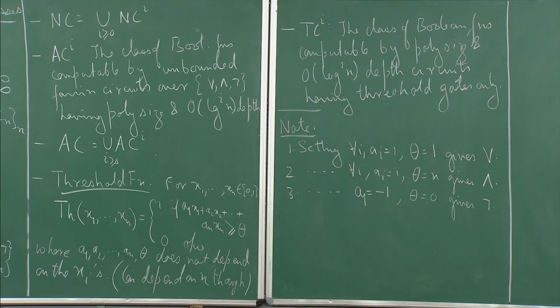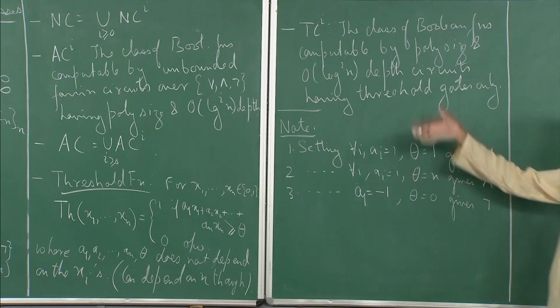Okay. No, a1 equal to 1 and theta equal to 1 will not give you the NOT gate. It will be 1 if and only if x1 is equal to 1, and it will be 0 otherwise, right? It will be the same thing. Okay.